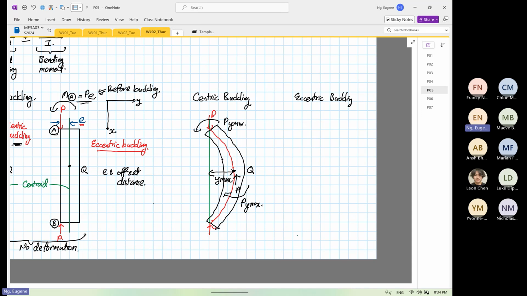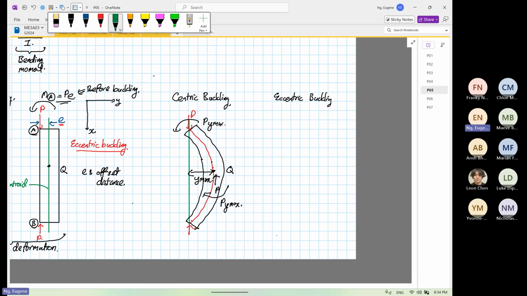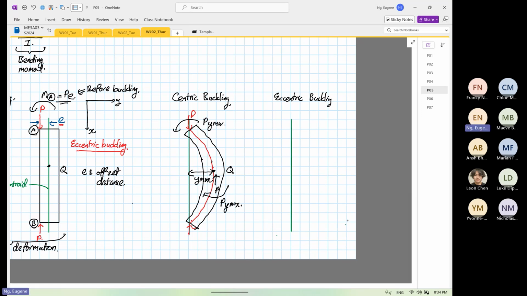Whereas in eccentric buckling, it is slightly different. What is this slightly different? So now if we were to draw our centroid, and then we have our load that is offset, P, right? And then this is where deformation occurs.